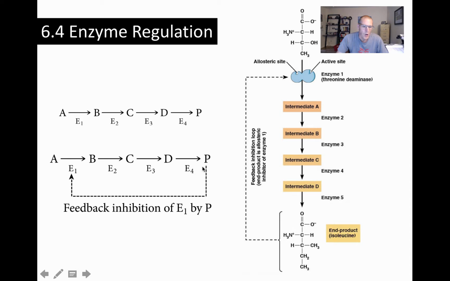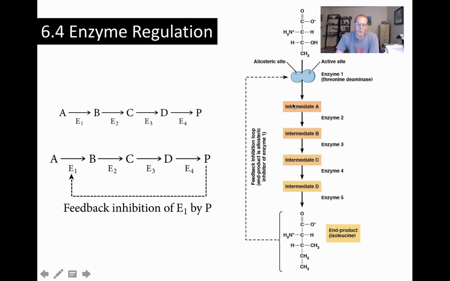So P here would act on enzyme 1, and in this case we'll often see the product negatively feeding back on the activity of enzyme 1 to turn off enzyme 1. So that's called negative feedback. Now there are some cases of positive feedback, but we'll look at negative feedback here. So that's feedback inhibition of the first enzyme in the pathway by the product of the pathway.